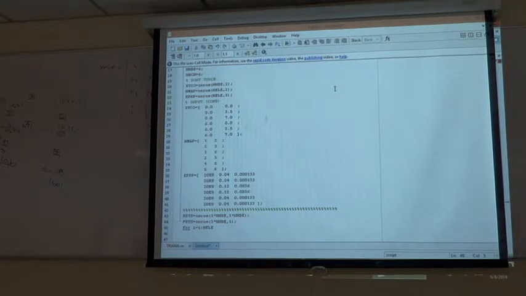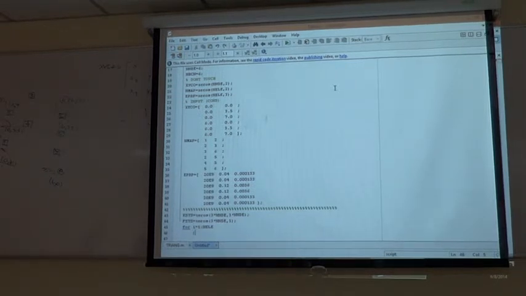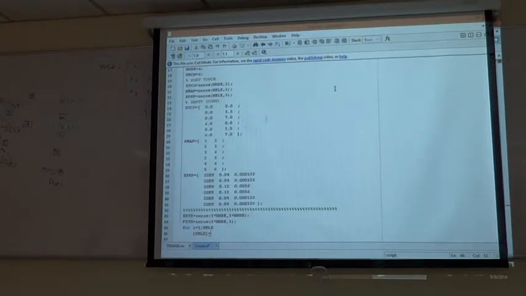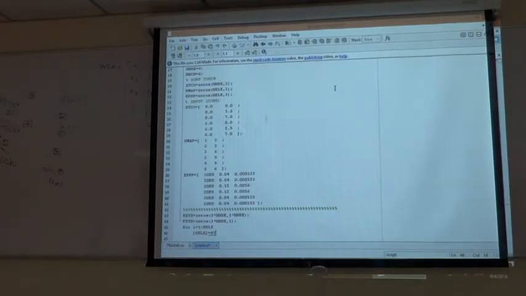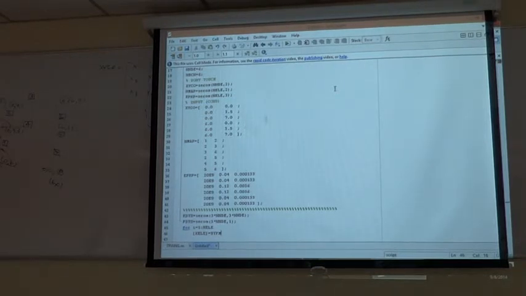Next, for the first element, what do you need? Do you still remember the stiffness matrix function that you made in the previous assignment?